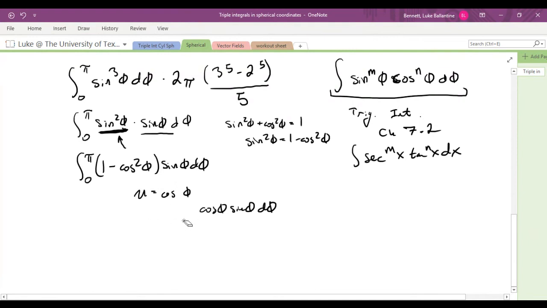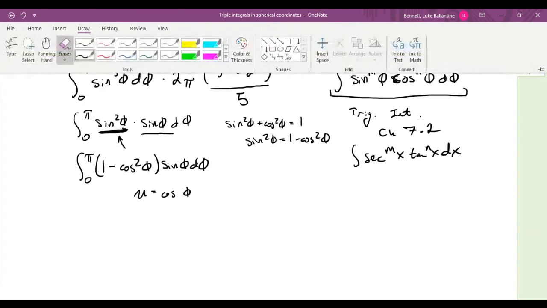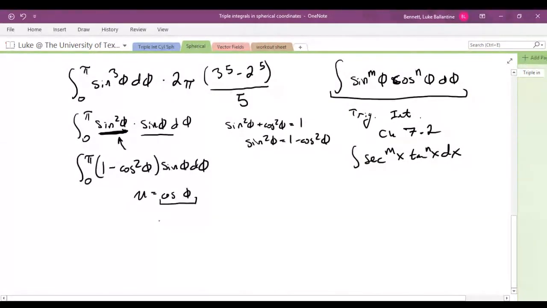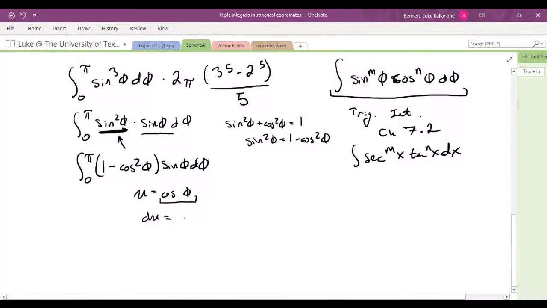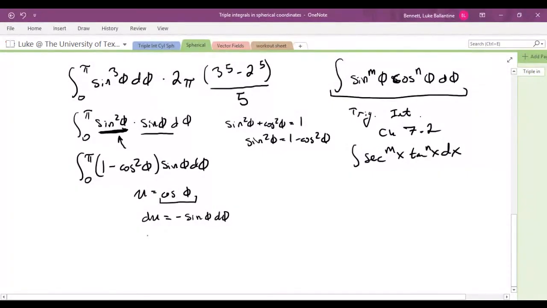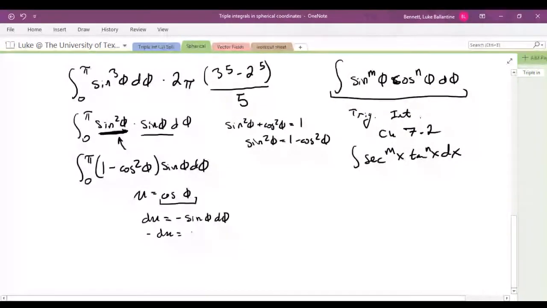Pick cosine. Then this would be u squared right here. The reason you pick only this for u is because du now is negative sine phi d phi, or negative du is equal to sine phi d phi.